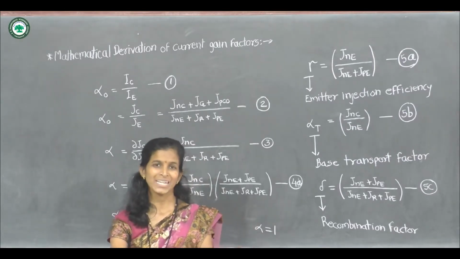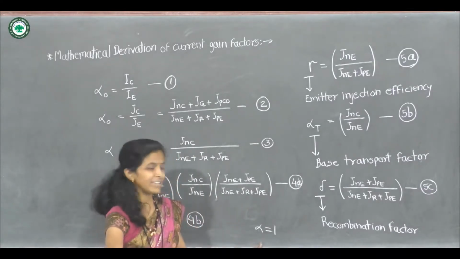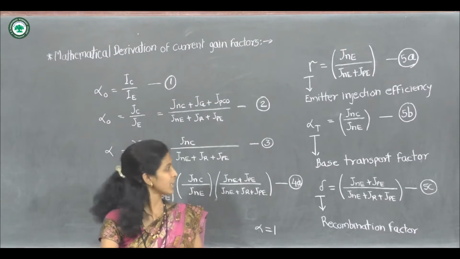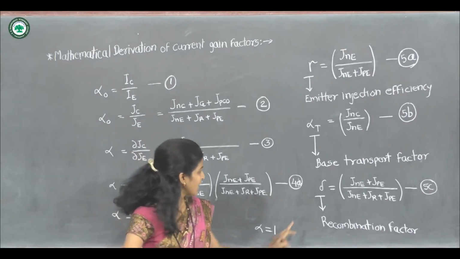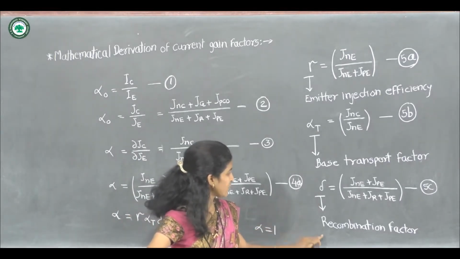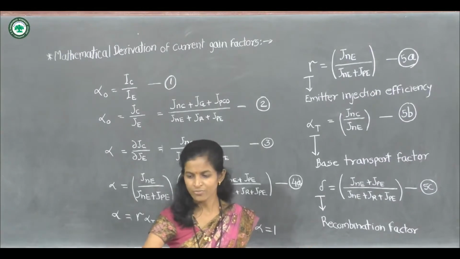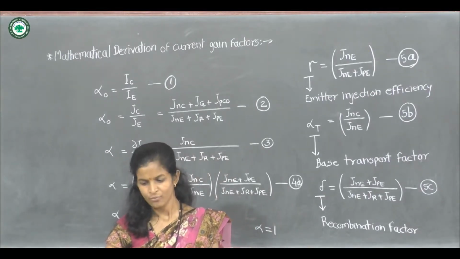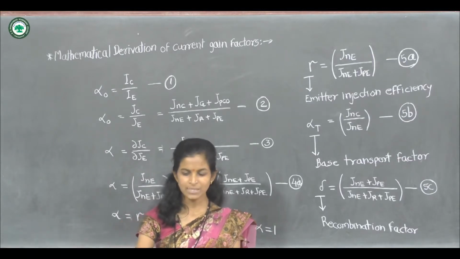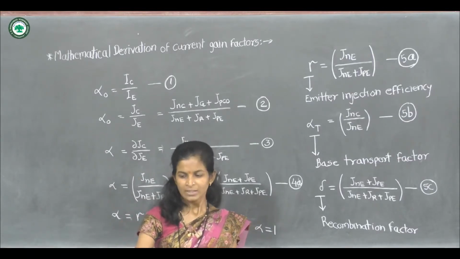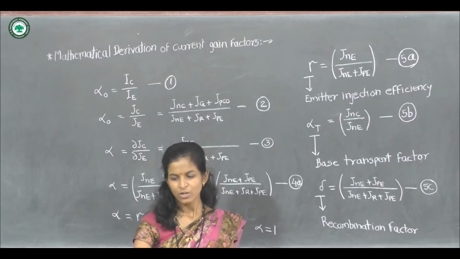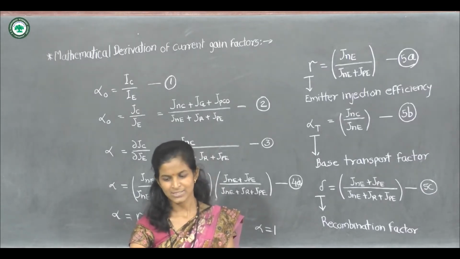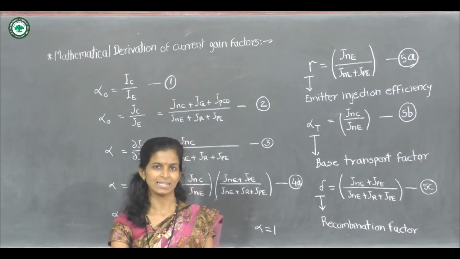And the recombination factor delta takes into account the recombination in the forward biased base emitter junction. The current JR contributes to the emitter current but does not contribute to the collector current.